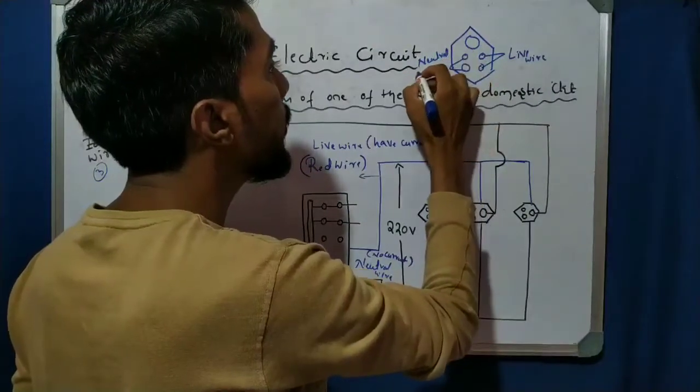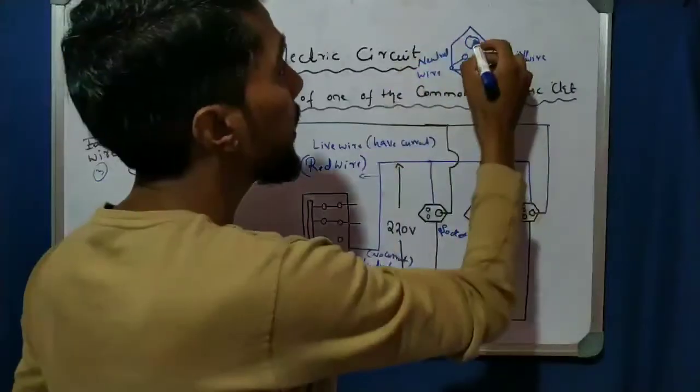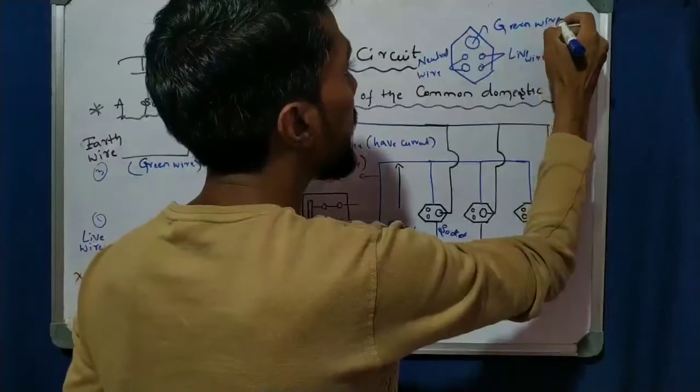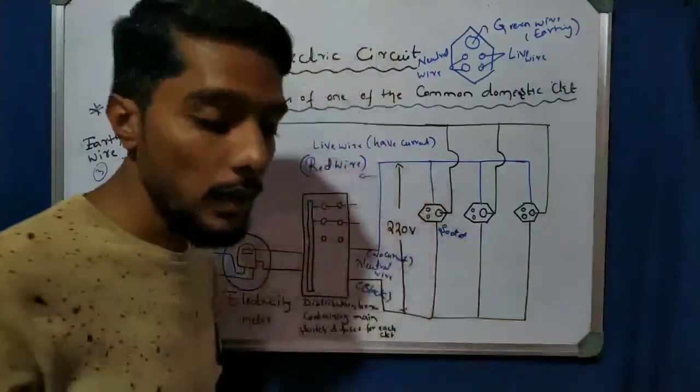The big hole is connected to the green wire, which is nothing but the earthing.